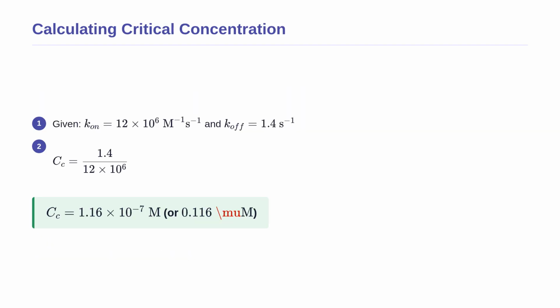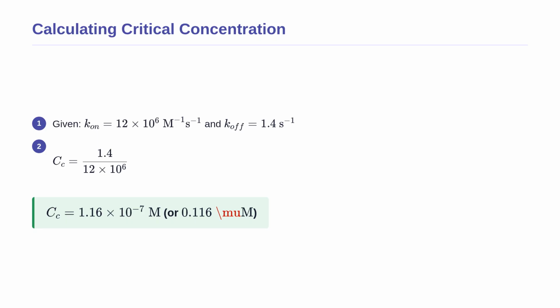Before we move on, let us see this with a concrete example. Imagine a researcher is studying actin in a test tube. We are given an association rate constant of 12 million per molar per second and a dissociation rate of 1.4 per second. We need to find the critical concentration required to keep the filament length steady.